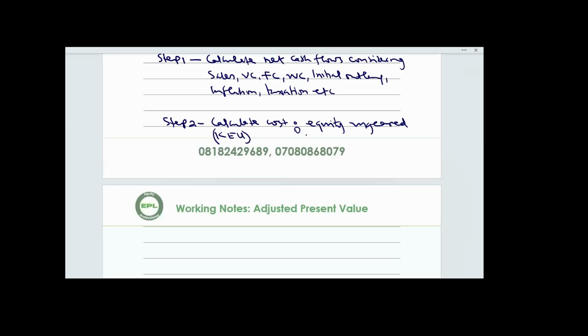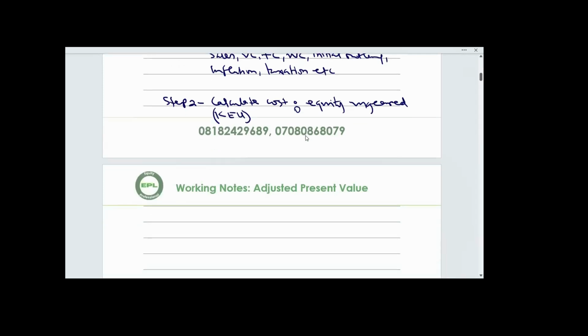KEU, that's the cost of equity on gear. How do you calculate cost of equity on gear?